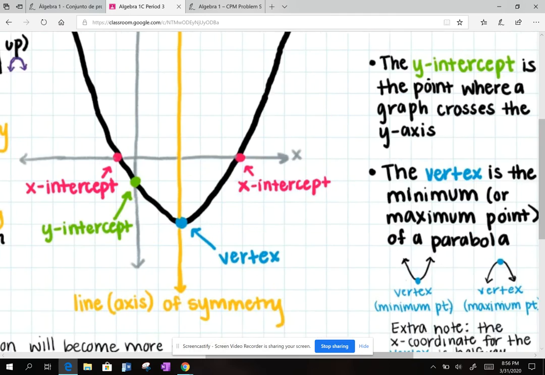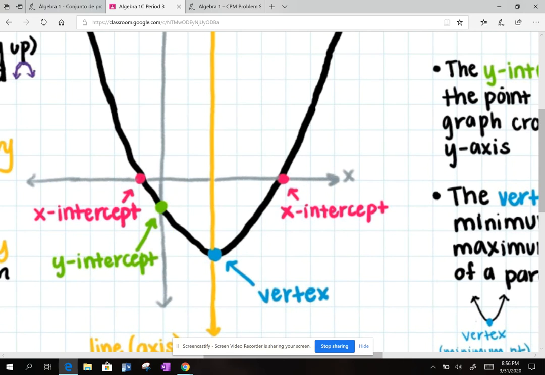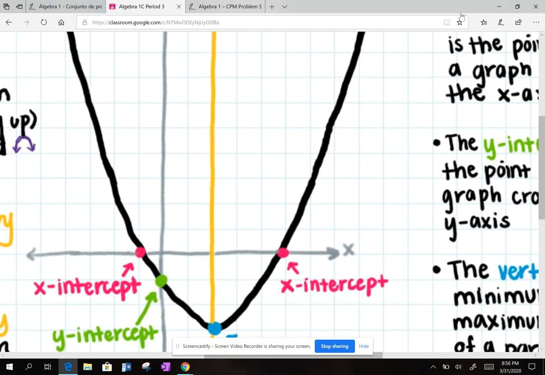If you look at this specific example, notice that my two x-intercepts are here and here, and the vertex is nice and halfway between those two points.